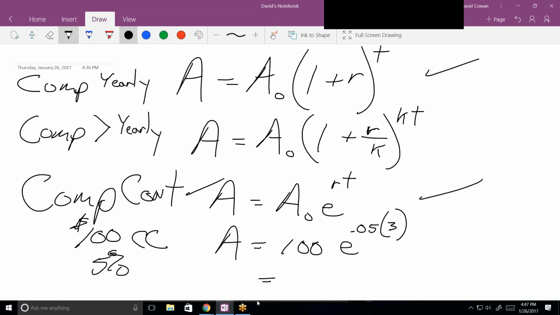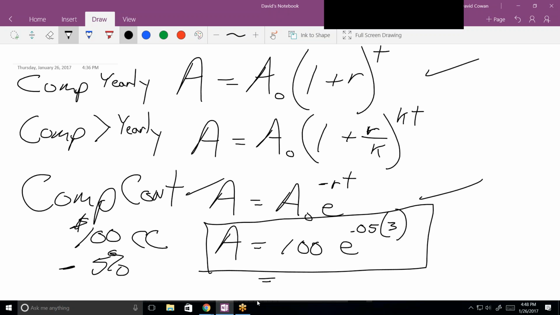It's a negative rate. So you just subtract it from one then, pretty much. No. You don't subtract. You put a negative in front of it. Let's say we start with $100 and we're going to lose 5% continuously. What's it going to be worth at the end of 3 years? That's my answer.